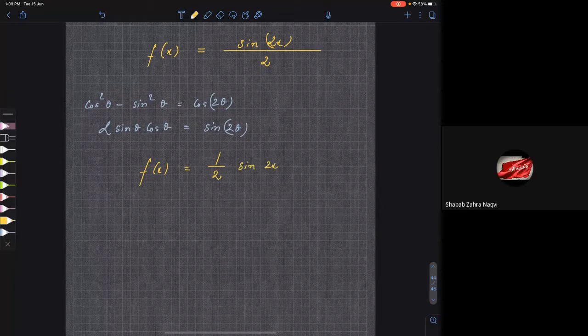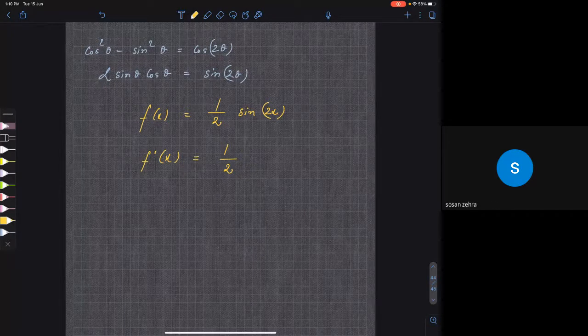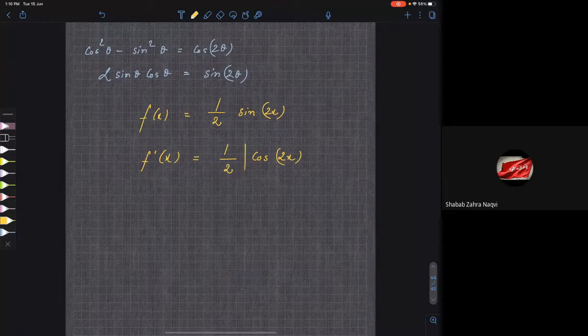Now, do I need a product rule here? No, I don't need product rule. But I need to take the derivative. Half I'll keep as it is because that's a constant. It will just remain like that when multiplied to a function. Tell me, what is the derivative of sin 2x? Cos 2x. And anything else? Should I apply the chain rule?